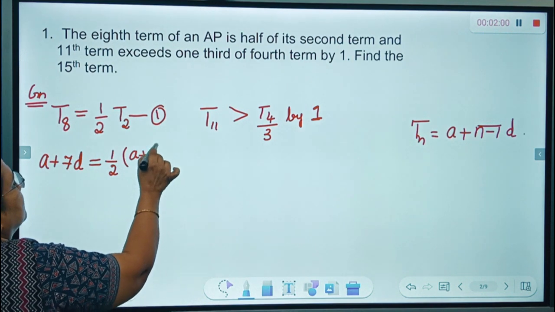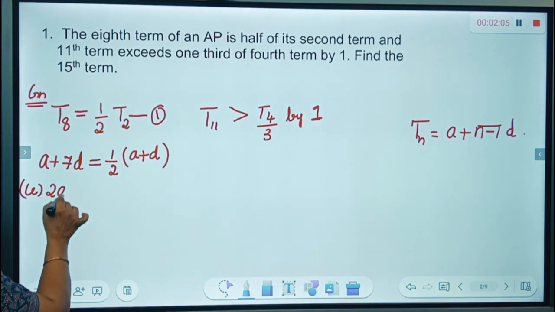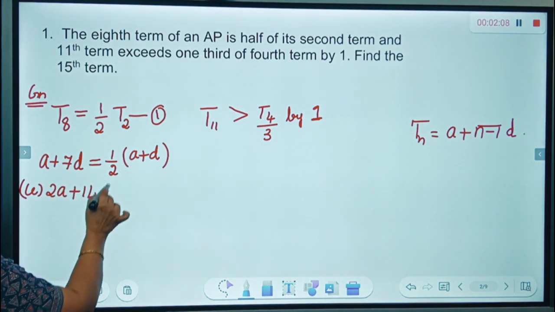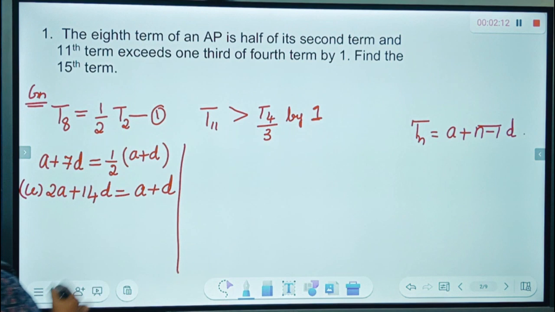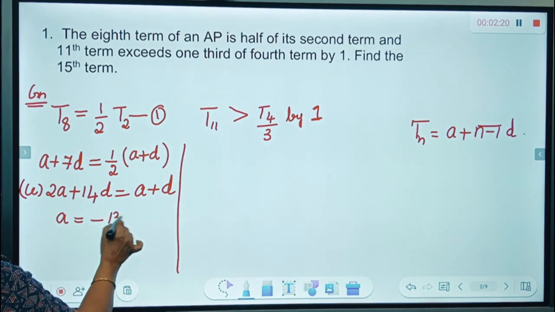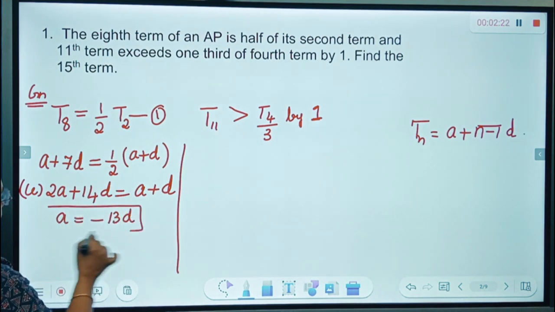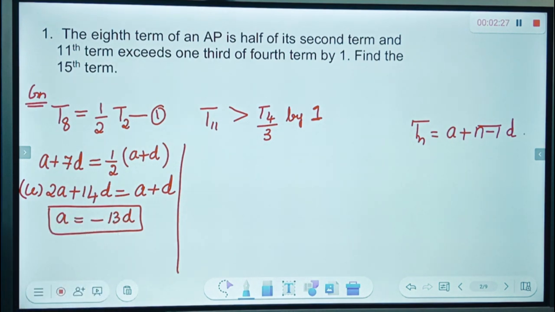A plus D. That is 2A plus 14D equal to A plus D. Now this means A equals minus 13D. 2A minus A is A, D minus 14D is minus 13D, or A plus 13D is 0. So this is the implication that arises out of this given fact.